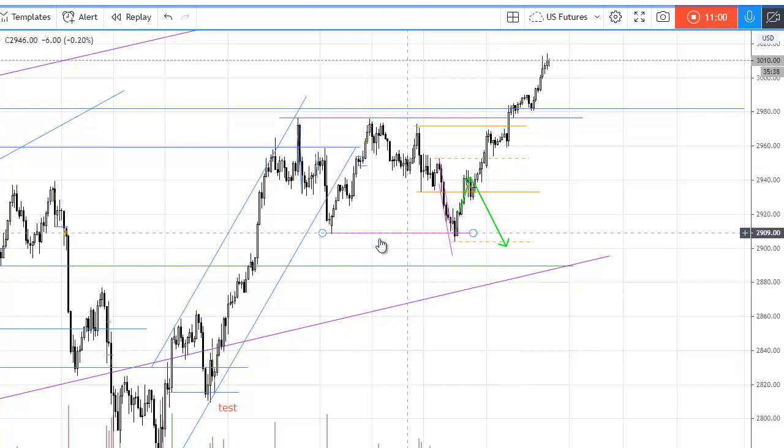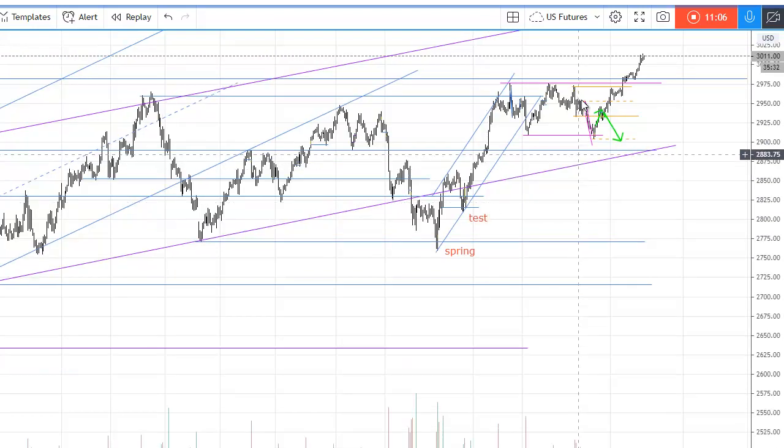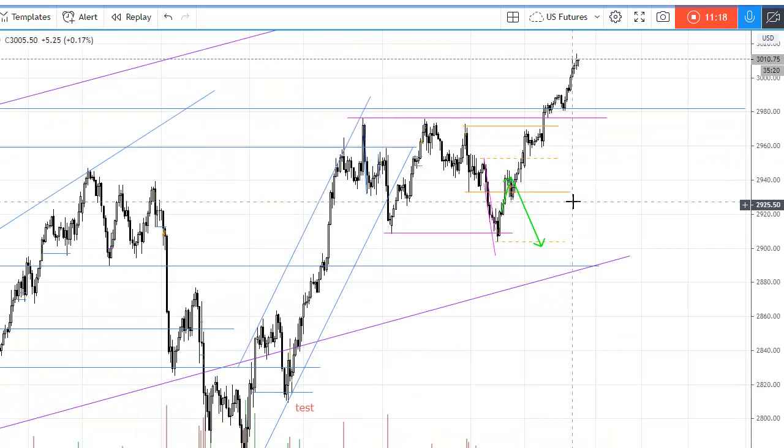So as long as price can still maintain within this range and the absorption theory is still valid, and out of this, I think we are going to see higher targets, which it did, as you can see in today's action.